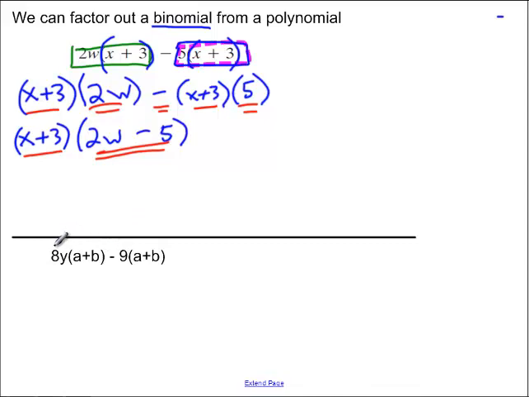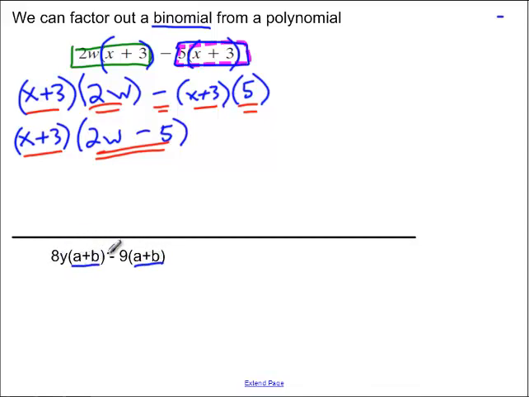Is 8 a greatest common factor, or anything of 8? Well, 8 is made up of 2 times 2 times 2, so we'd have to pull out a 2, but there are no 2's in 9. 9 factors to 3 and 3, so there's nothing to pull out there. There's a y here, and there's no y's over here, so the only thing we can really pull out is the a plus b from each of the terms.